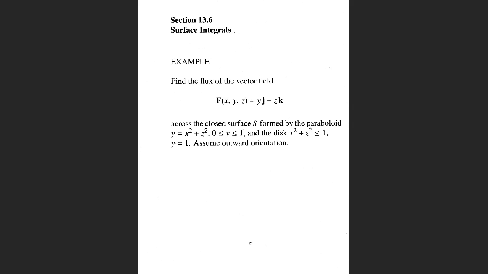Okay, so we have this fairly simple vector field given by y times j minus z times k.